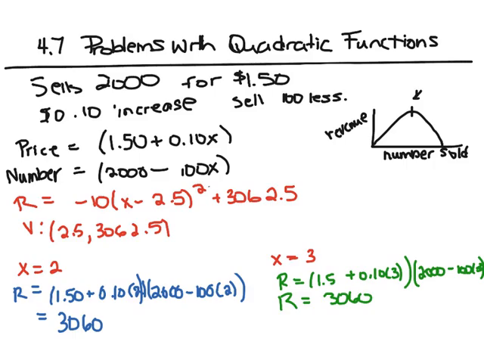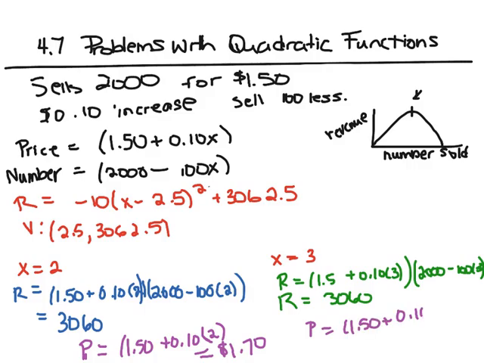So either way, if they increase by 2 or they increase by 3, they'll have a maximum revenue of $3,060. The prices will be $1.50 plus 10 cents times 2, so $1.70, or $1.50 plus 10 cents times 3, or $1.80.